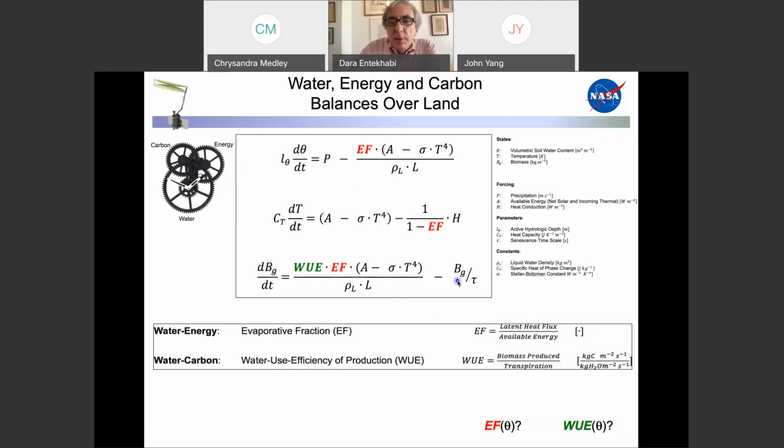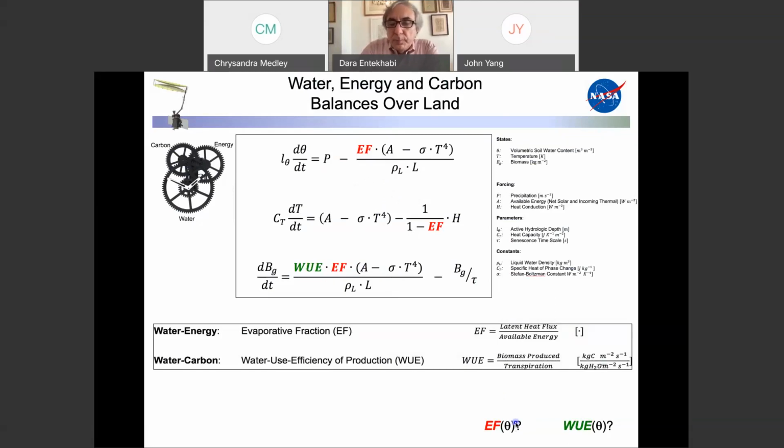And then there's a senescence term for vegetation. So what's clear from this picture is that this function, evaporative fraction, is what links these three cycles together. And water use efficiency is an additional multiplicative factor for the carbon. So evaporative fraction and water use efficiency are what are parameterized, and they depend on the state variable of the system, which is the water in the landscape.